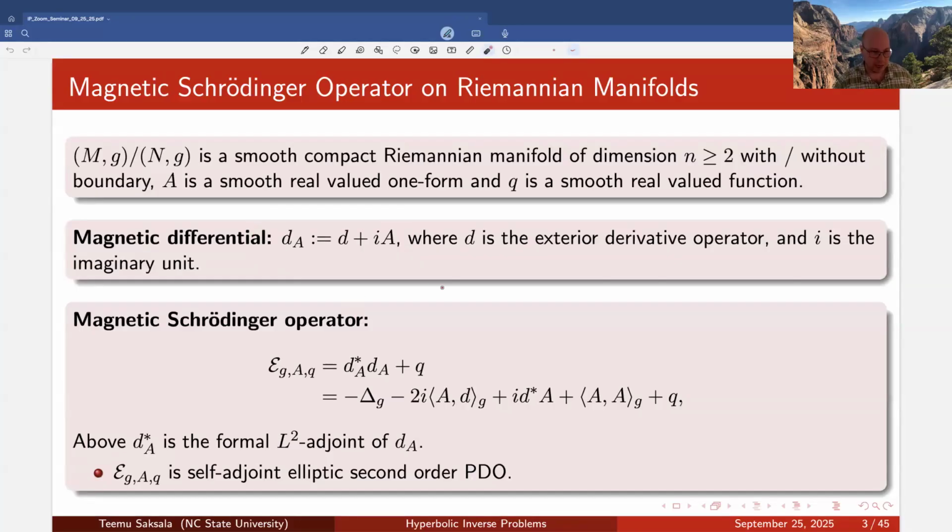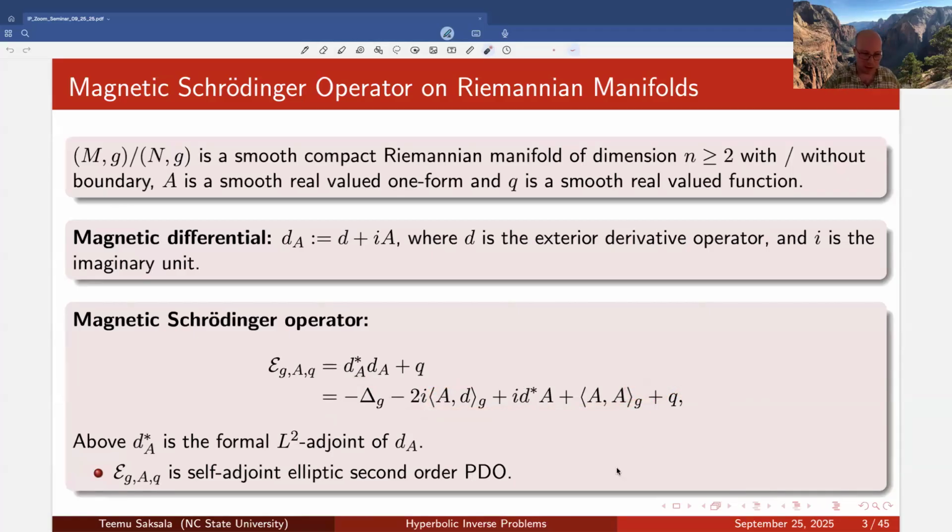Having introduced that, we can now define the magnetic Schrödinger operator, which is a symmetric first order perturbation of the Laplacian on the manifold. I define it exactly the same way as I would the Laplacian: I take the magnetic differential and then apply the magnetic divergence to it. This produces a second order operator, which I can write in this form, where the leading order term is exactly the Laplacian, my first order term A appears here, and my zeroth order term Q appears here.